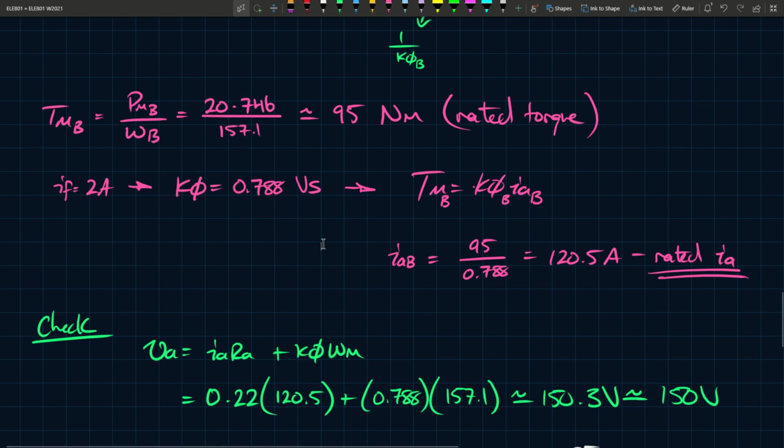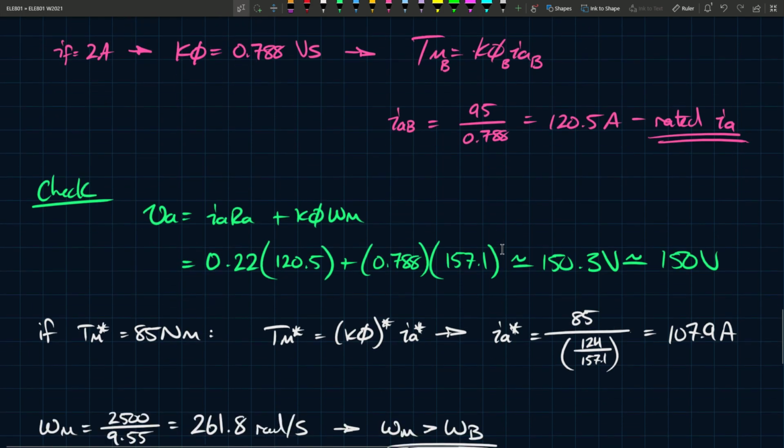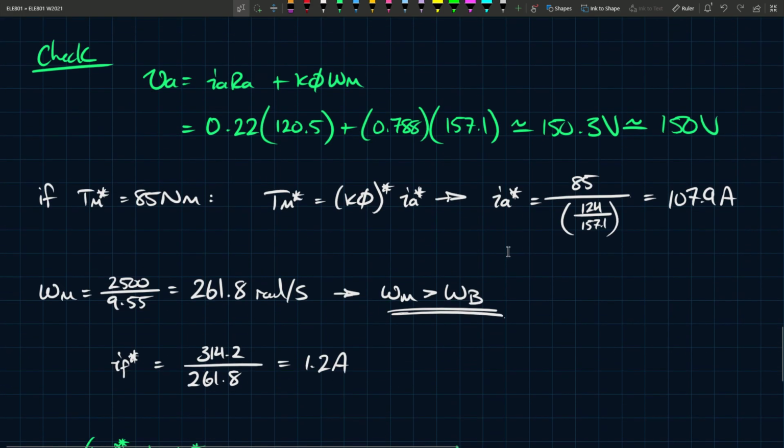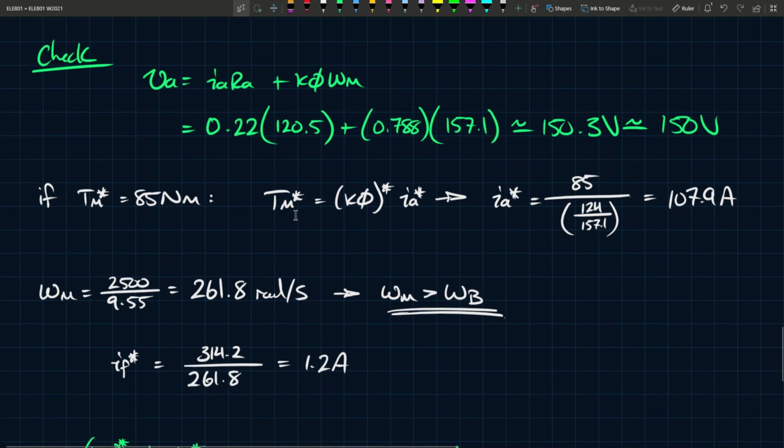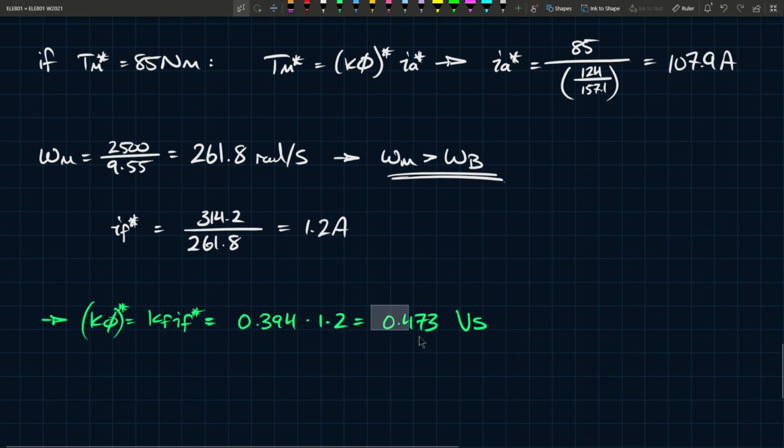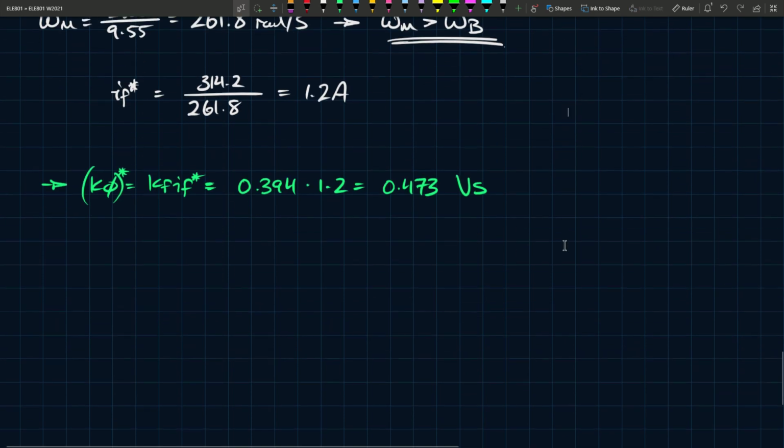But now, because you want to go to a higher speed than the 1500 it was calculated for, you'll have to decrease the flux. So Kφ is now smaller than it was previously in order to increase the speed.